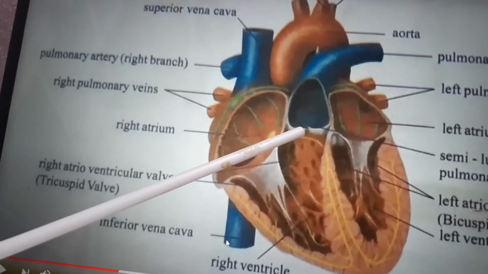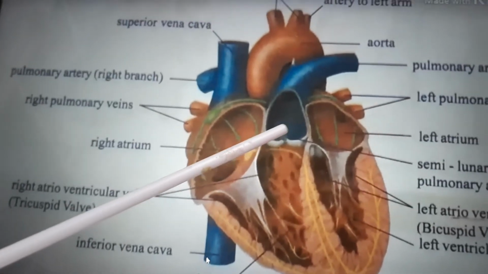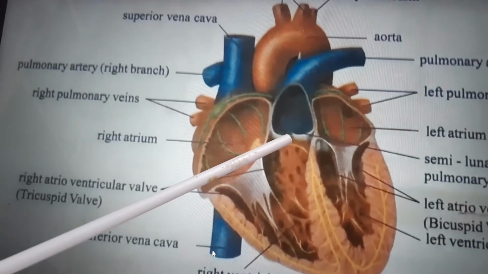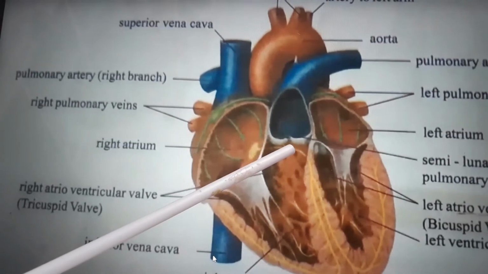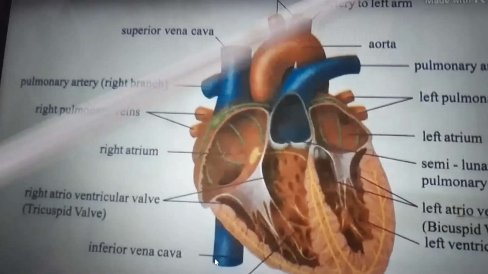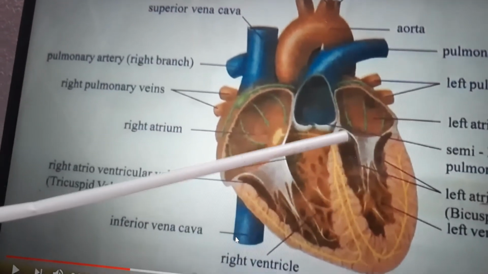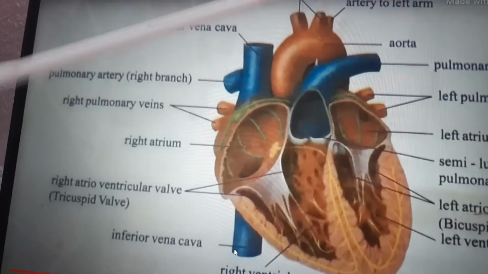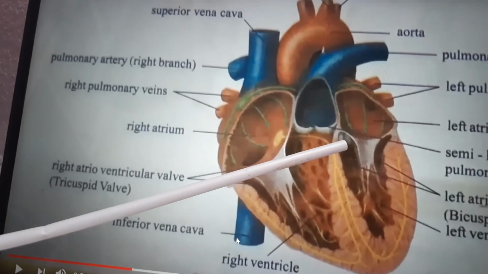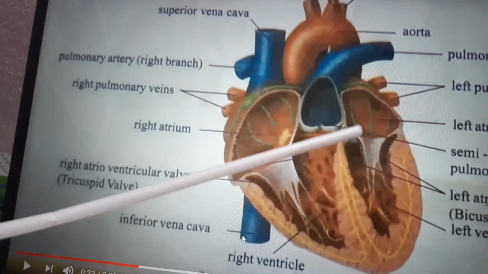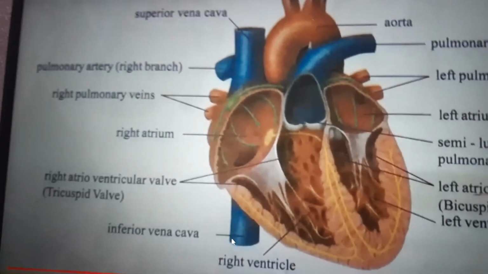At the starting point of this pulmonary artery, there is an opening which is guarded by one valve that is named the semilunar pulmonary valve. And like that, in the left ventricle, the aorta arises. At the starting point of this aorta also, there is a valve called the semilunar aortic valve or systemic valve.